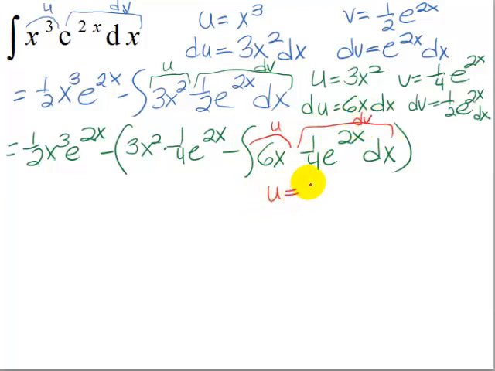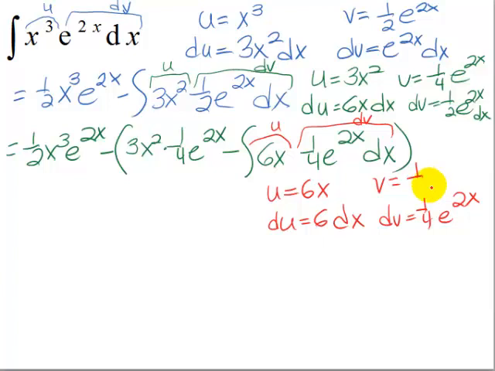So if u is 6x, then du is 6 dx. And if dv is 1/4 e to the 2x, then v is going to be 1/8 e to the 2x. This had a dx on it right here.